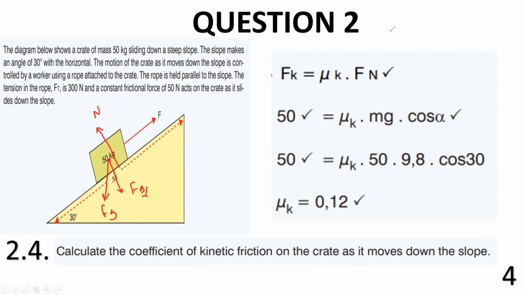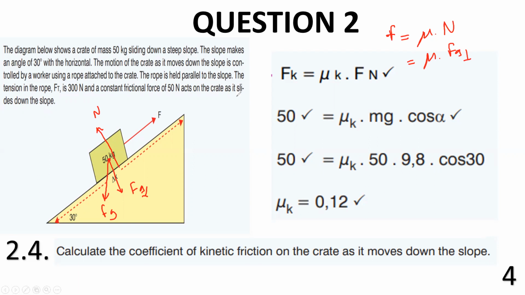So what we know, friction force, Fk, or you can use small f, it's fine. Friction force is equal to coefficient number times normal force. We know that. And the normal force for this system is equal to Fg perpendicular.